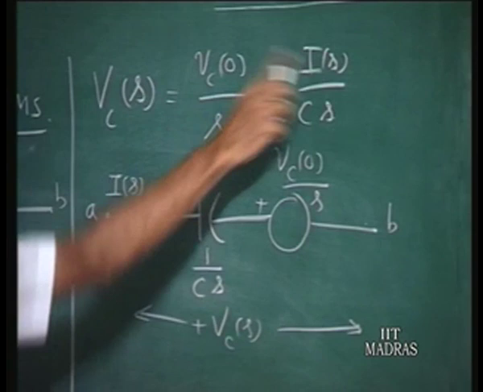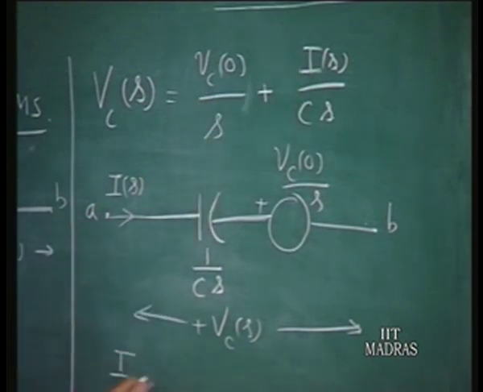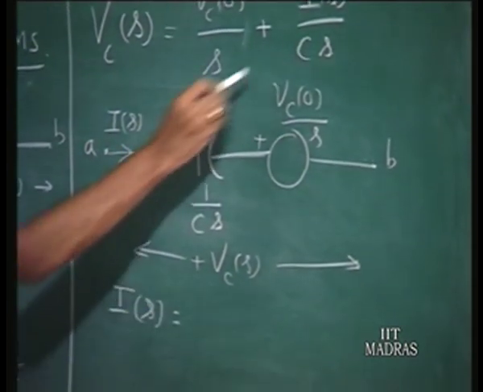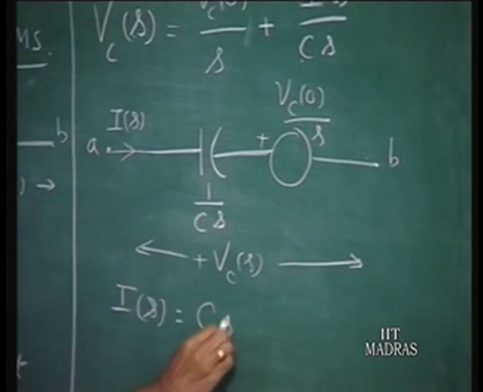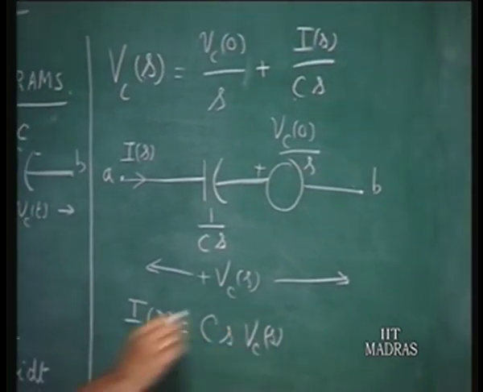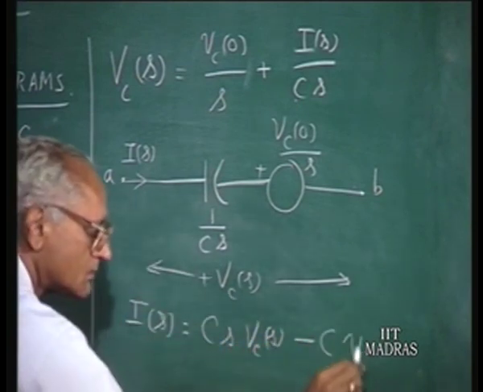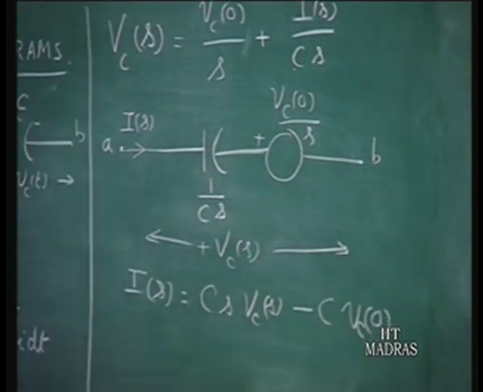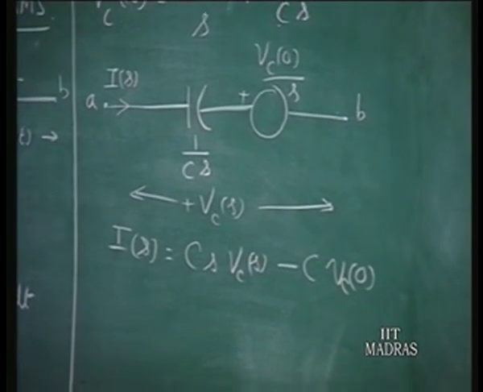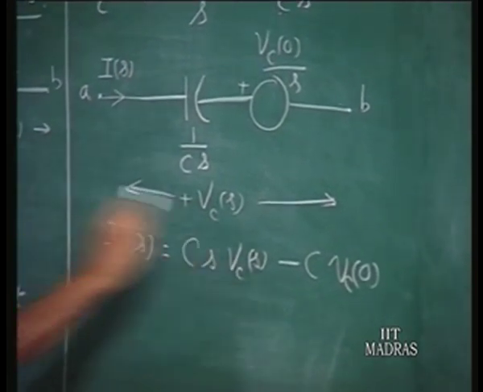So from the same equation, you can write I(s) equals Cs times Vc(s) minus C Vc(0). So the current is now expressed in terms of the voltage like this.